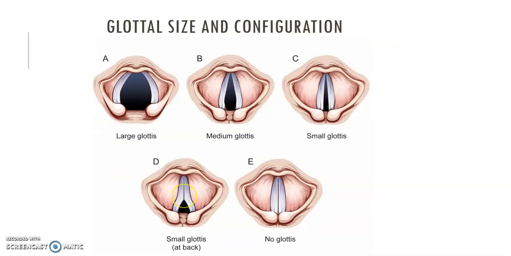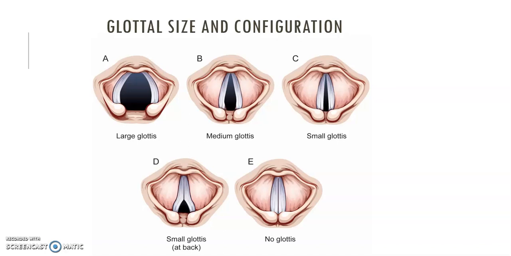Next slide. Now we want to remind ourselves that the glottis is the opening. In this case, A would be a large glottis, B would be medium, C would be small. The D picture is a small glottis, and when it is small, sometimes it's partially closed.